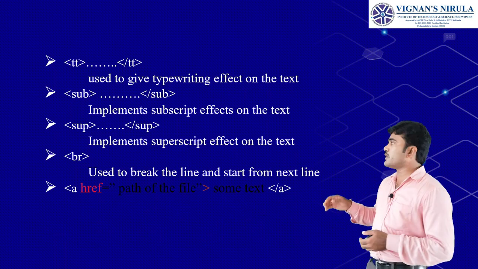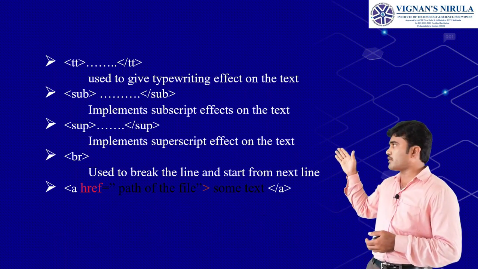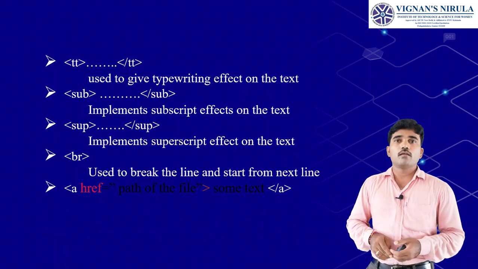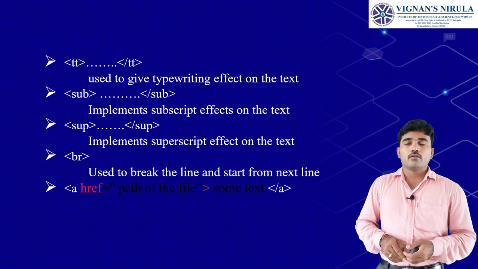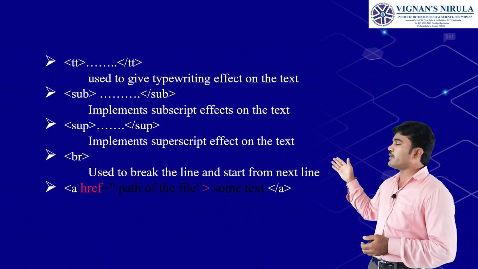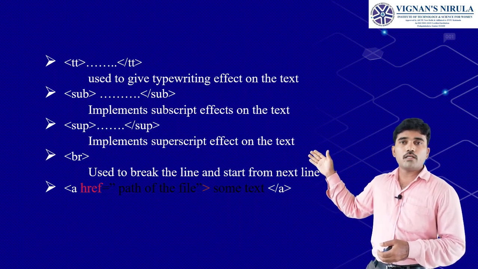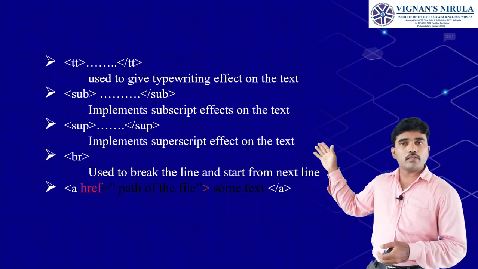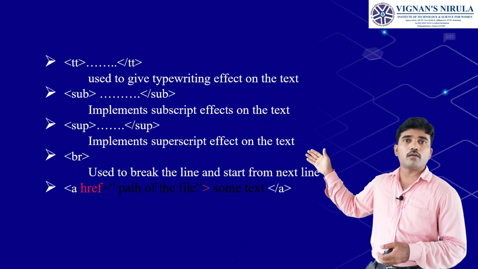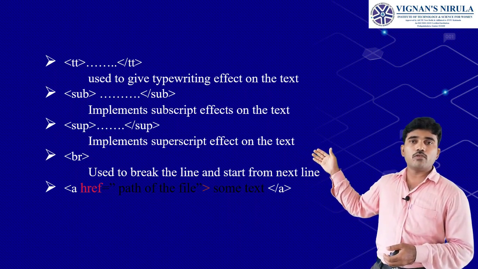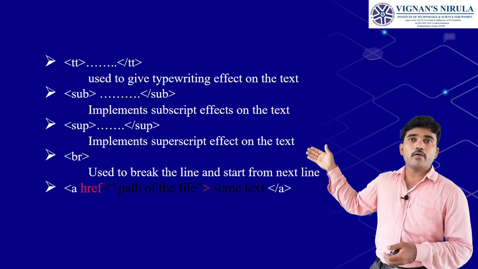Understand? After that, here I have used one more tag, which is A, which stands for anchor tag. For this anchor tag, here we have used href as an attribute. The value is the path of a file or a document which you want to visit whenever you click on that.